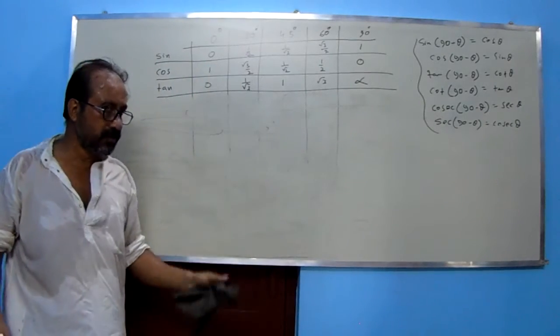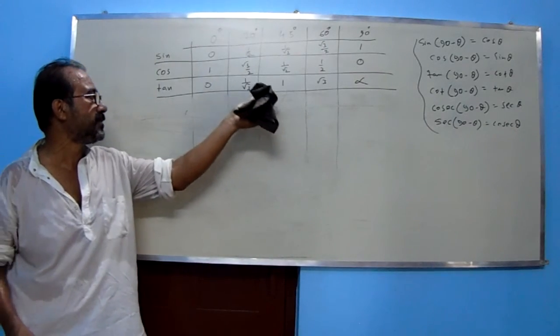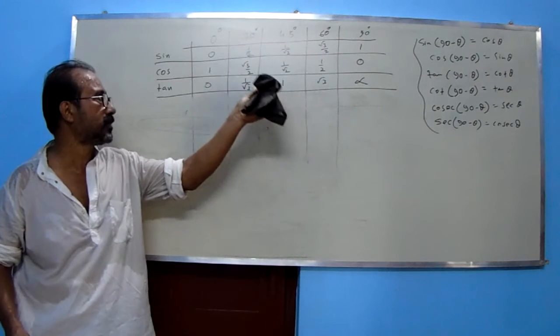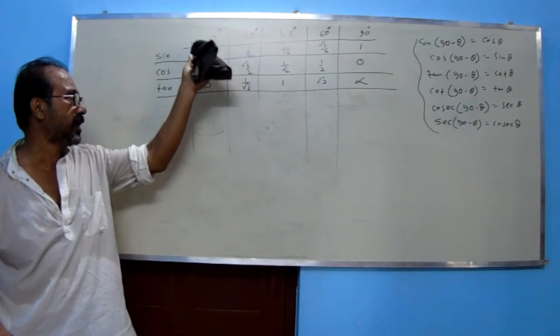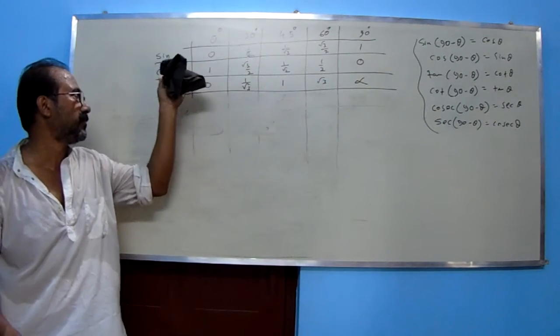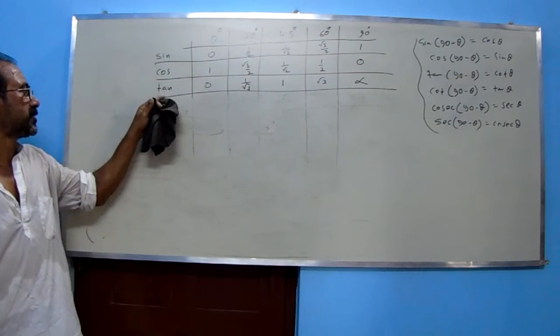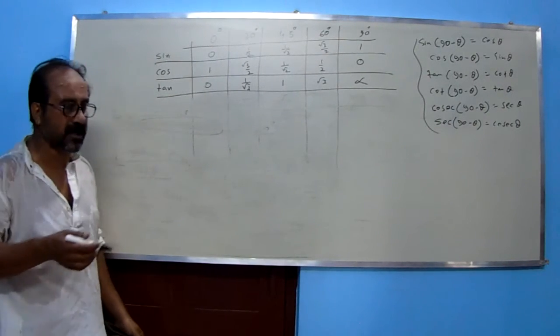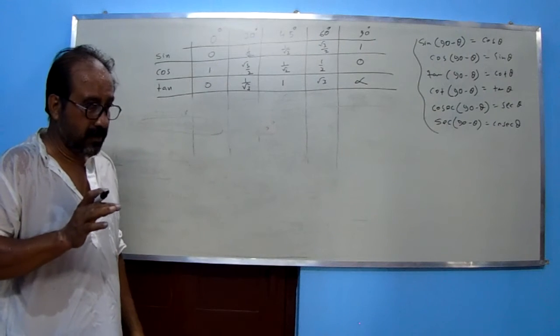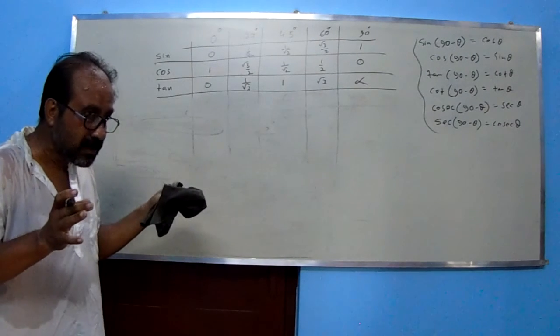The values of sine 0, sine 30, sine 45, and the same for cos, tan, then sec, cosec, cot, were already taken.